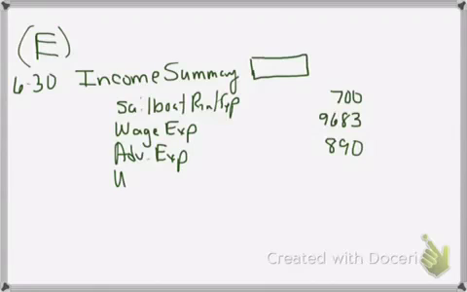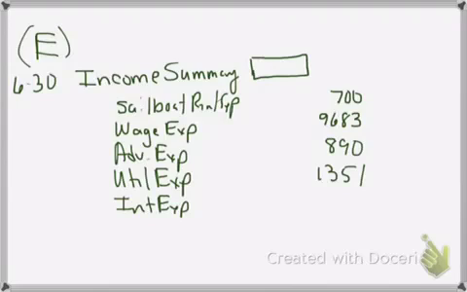For utility expense, I'm sorry, utility expense was not $1351. Utility expense was $1259. Interest expense is $1351.